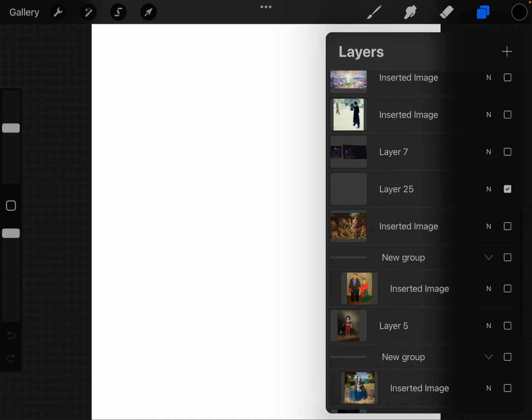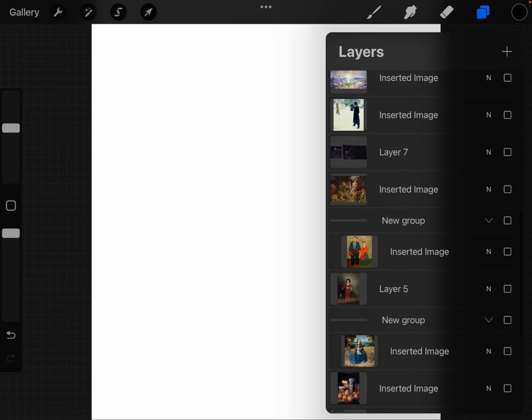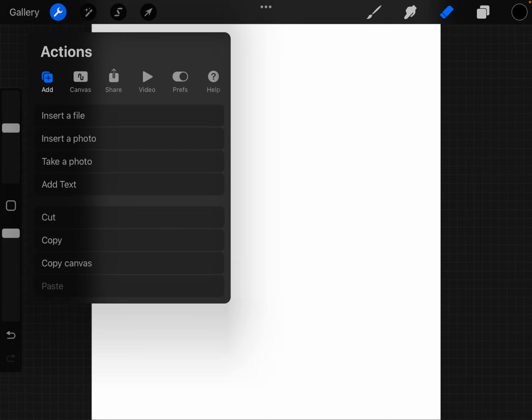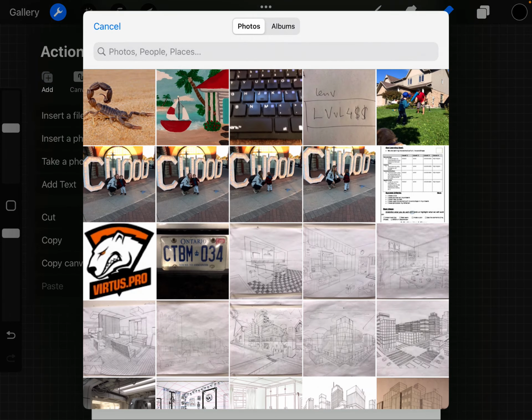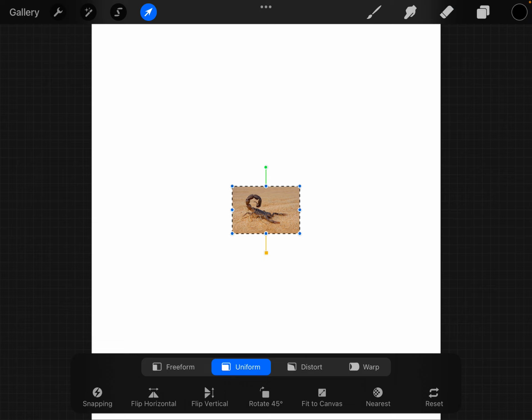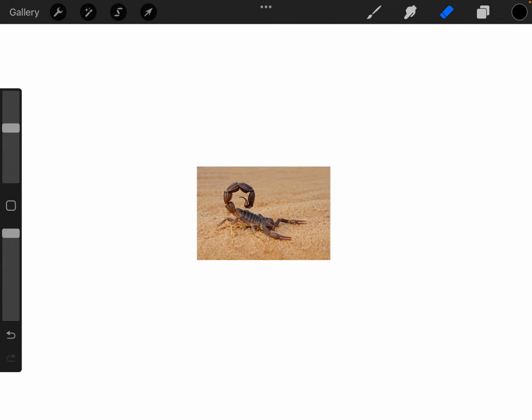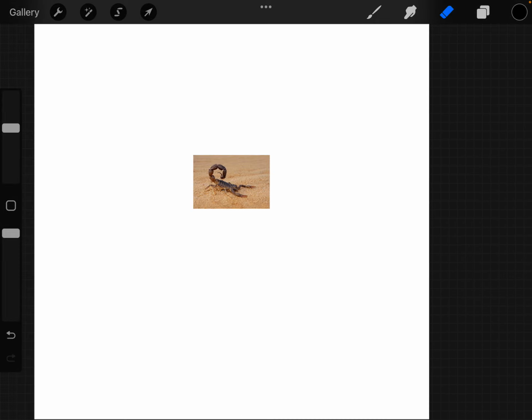So, the way it works is as follows. Here, delete. Insert a photo. Here, this is a scorpion, right? Okay. So, if I do not like scorpions, then what I want to make sure of is I'm standing, let's say, over here, right? This is me. I'm standing over here.